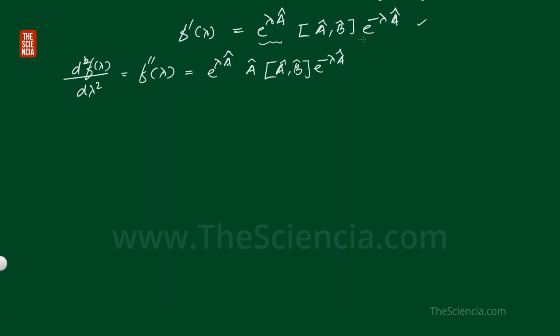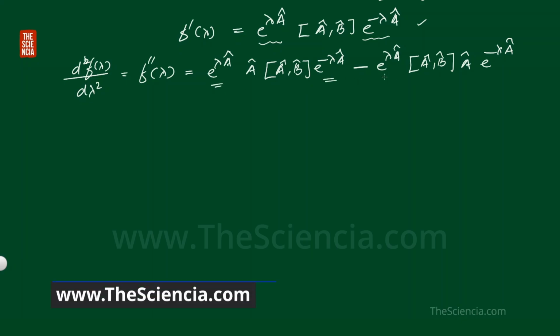Now we have to take the derivative of the second term, right? That is minus e raised to lambda a commutator ab e raised to minus lambda a, and there is a derivative of this function, so we will get a minus a. So that minus I put here, and a e raised to minus lambda a. Here there is also a common term in both.